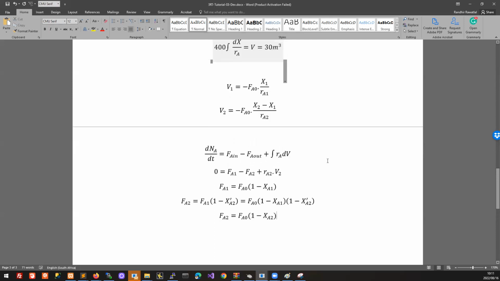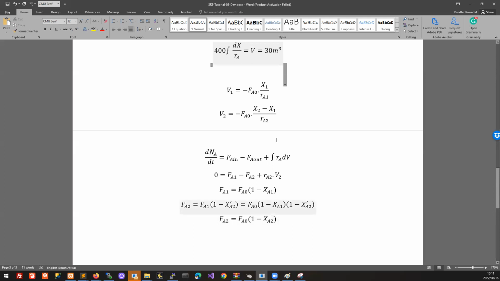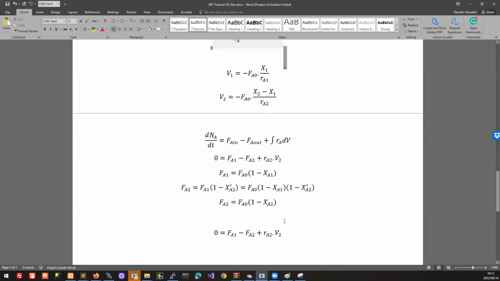So if that's what I mean by this X2, then we have to be more careful here. If I come back to this equation, this is the equation that I'm trying to solve to get V2. So I can write this here, FA2, and then your FA1 is this.